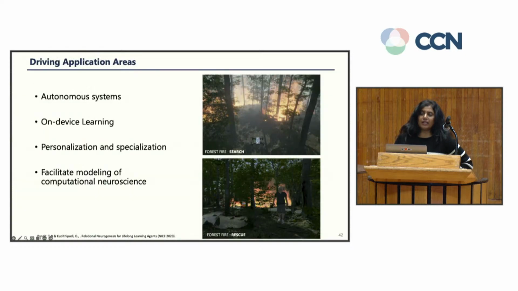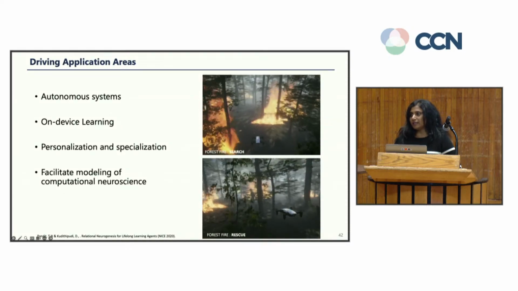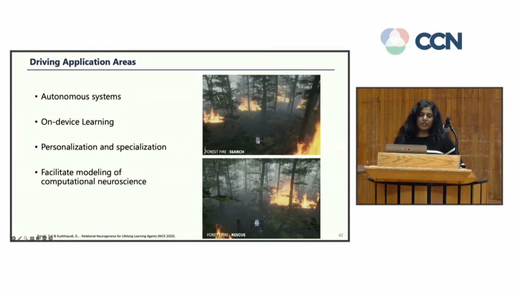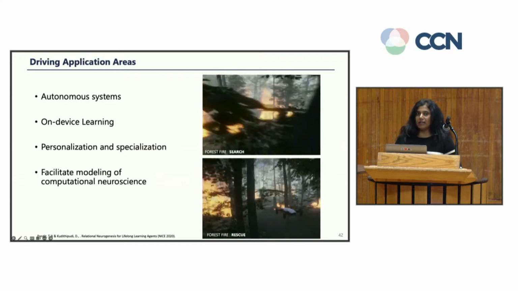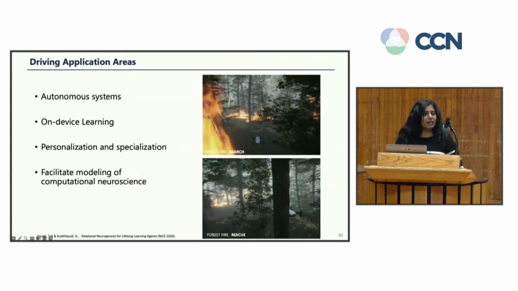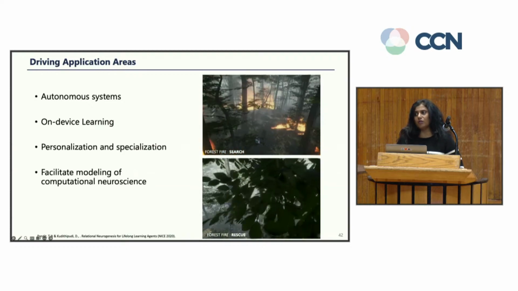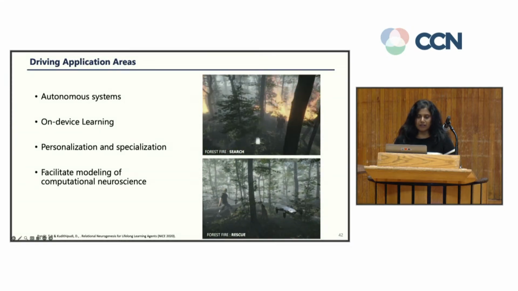And of course, in computing, the application areas drive a lot of this research. There is an increasing need to have these continual learning features in autonomous systems. There is an increasing need for personalization and specialization in a lot of embedded and edge devices that you are using on a daily basis.